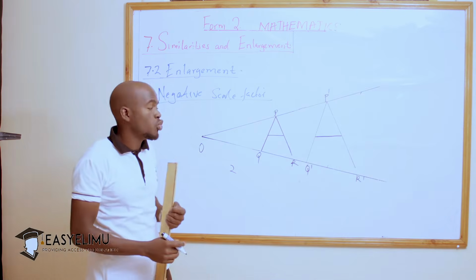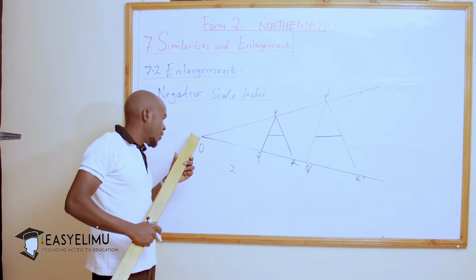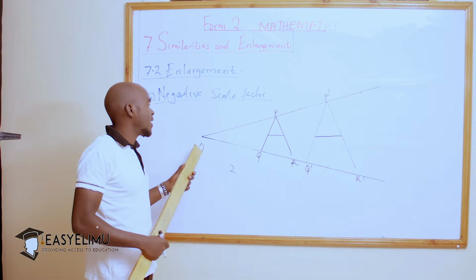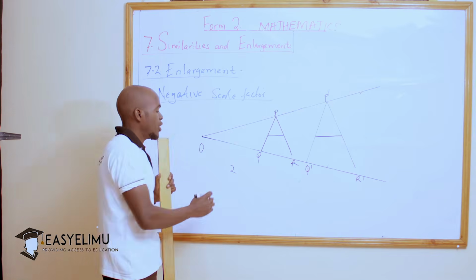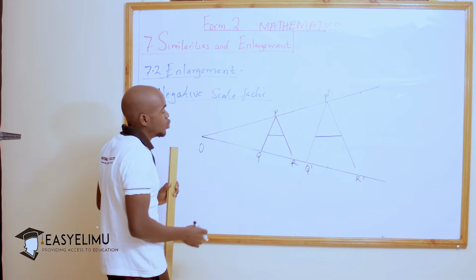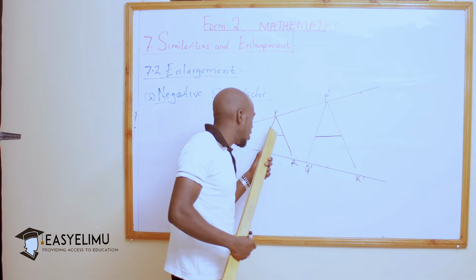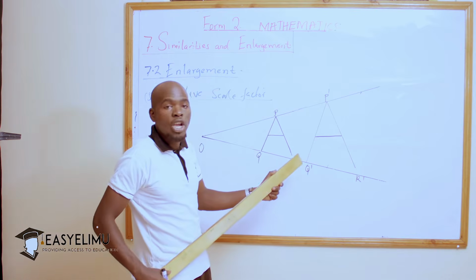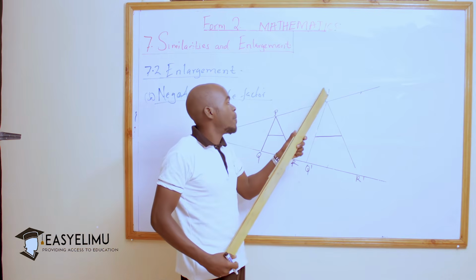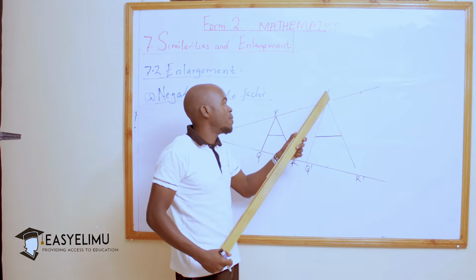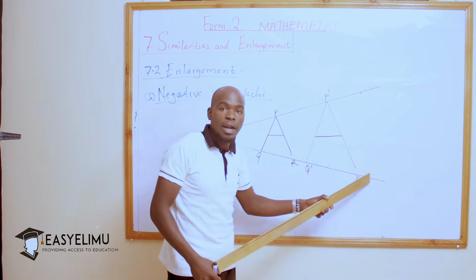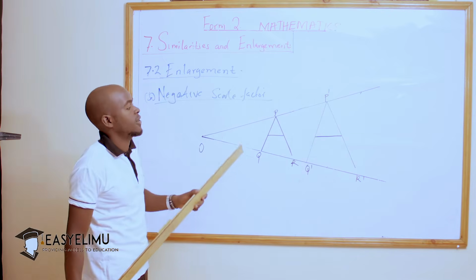Under scale factor 2, given this O as the center of enlargement with a linear scale factor 2, you will find the image PQR is going to be enlarged to give us image P prime Q prime R prime as this one, as you can see.